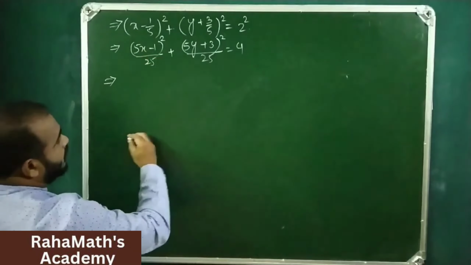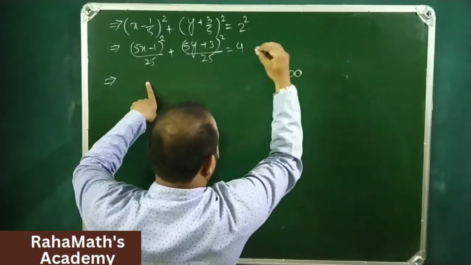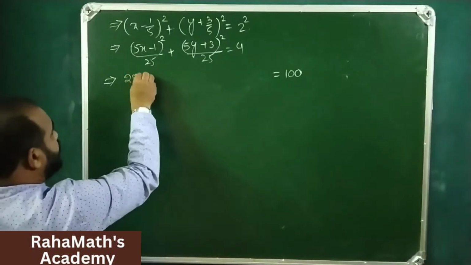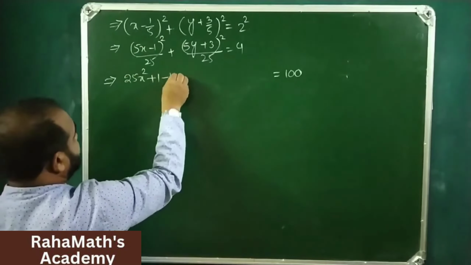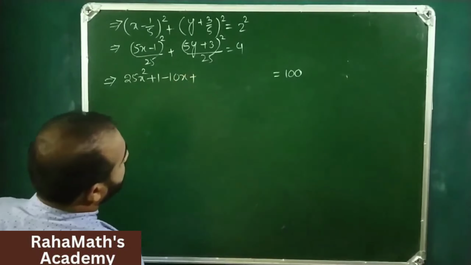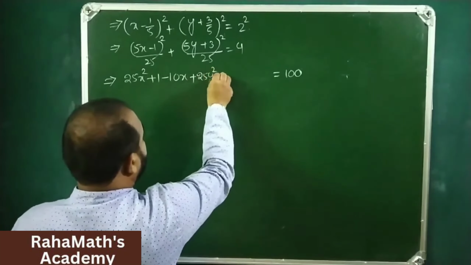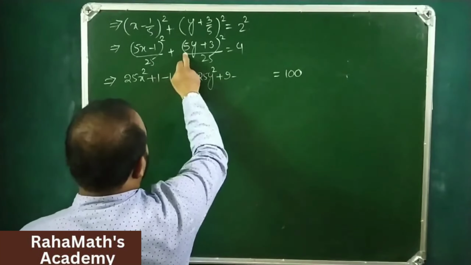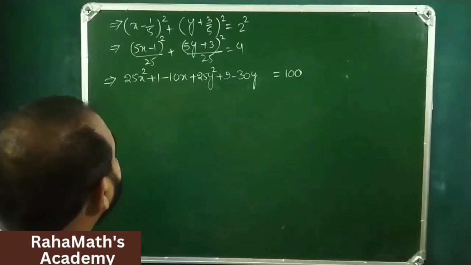So this is a minus b whole square. 5x whole square is 25x square, plus 1, minus 2 5s are 10x, plus 5y whole square, 25y square, plus 3 square 9, minus 2 5s are 10, 10 3s are 30y. So that is equal to 100.